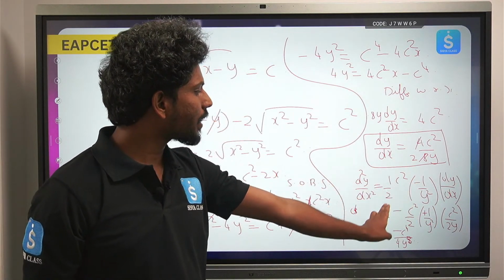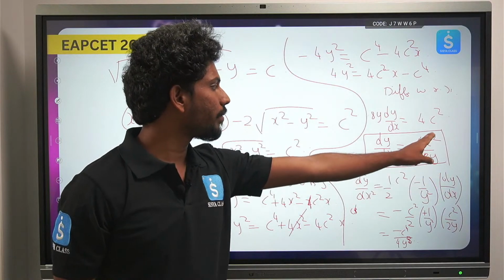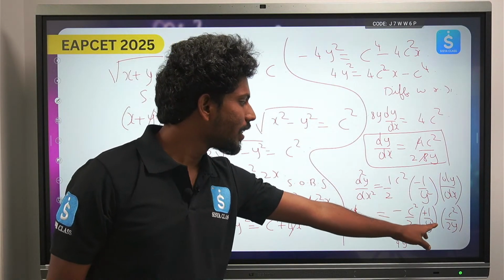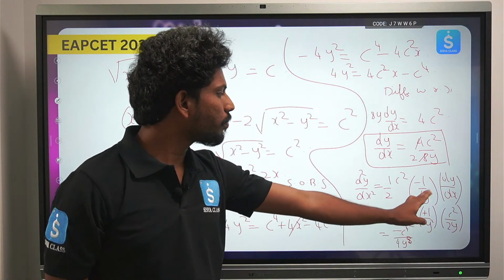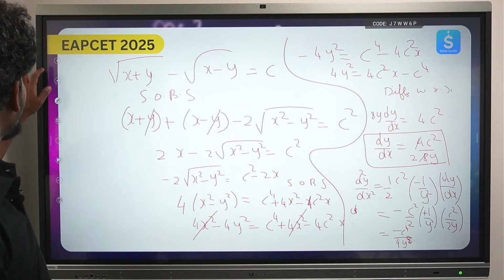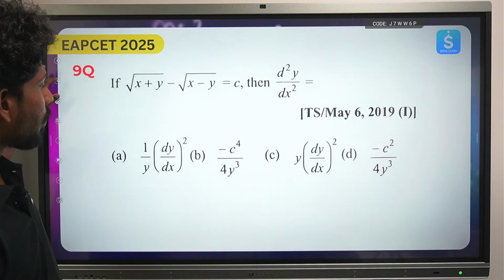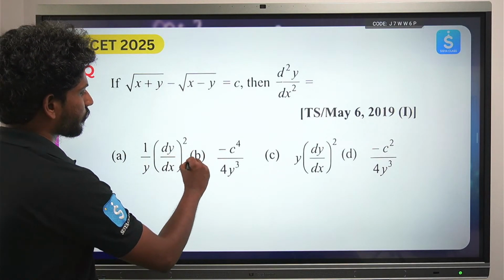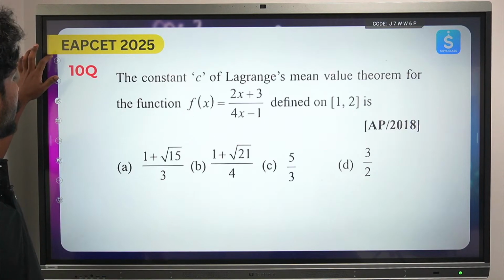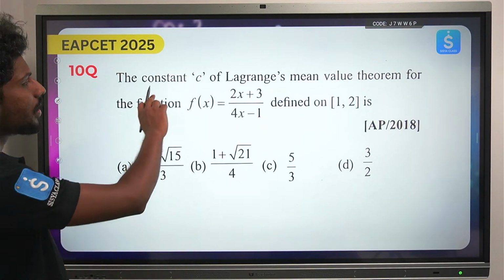So this will become minus c square by 2y square. The dy by dx value is c square by 2y. So I have 4y cube minus c power 4. So that is the final value, minus c power 4 by 4y cube. That is option B.